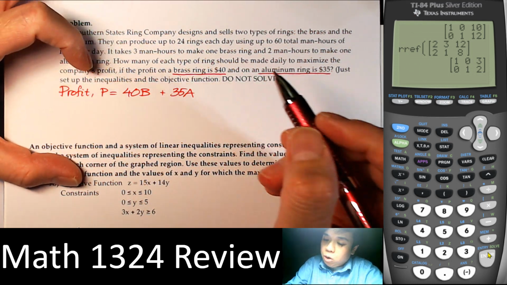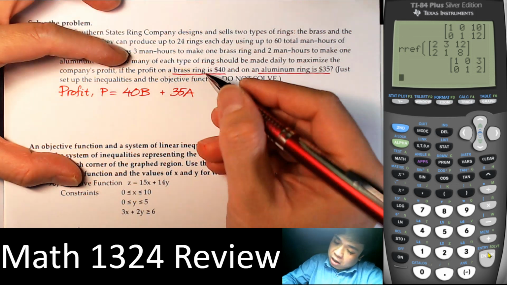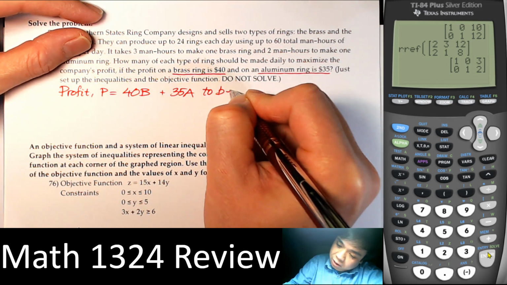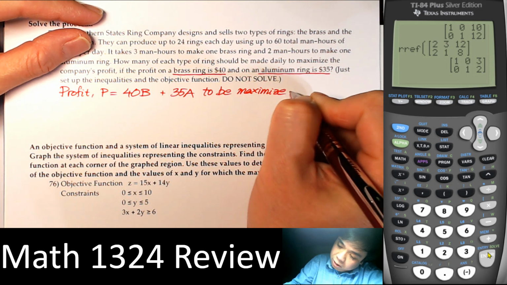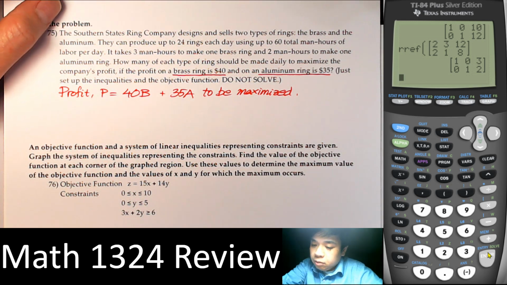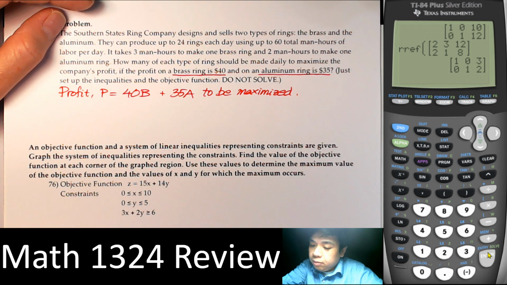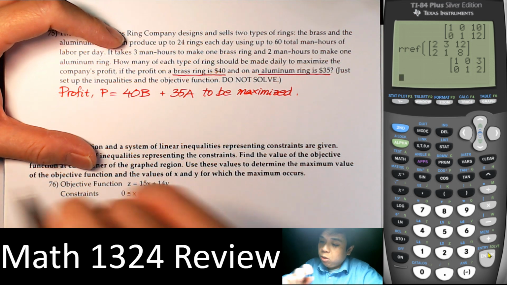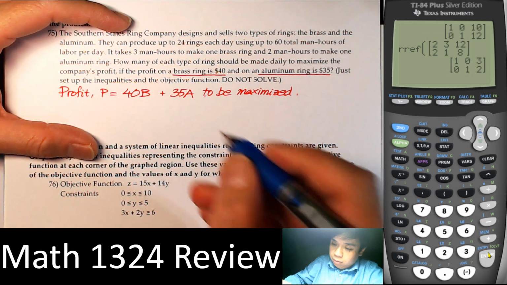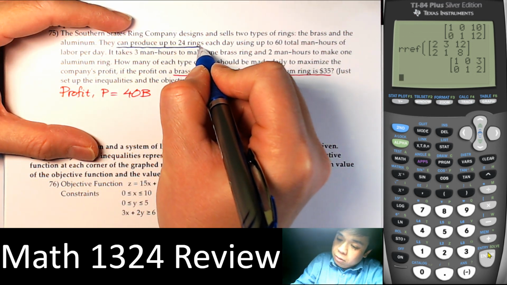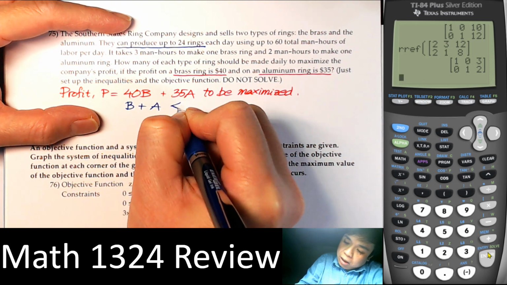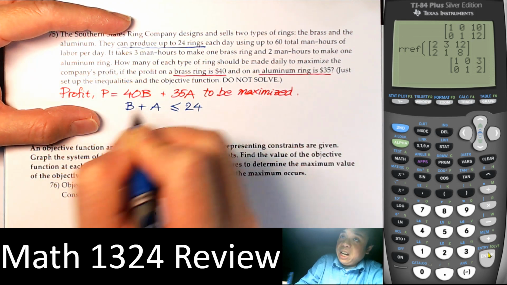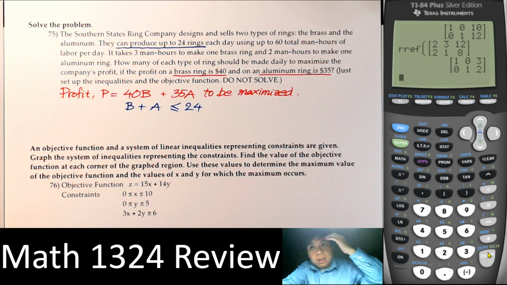This, of course, we try to maximize, and it can produce up to 24 rings. So meaning that B plus A have to be less than or equal to 24. So it cannot be more, it can be less, it can be equal.